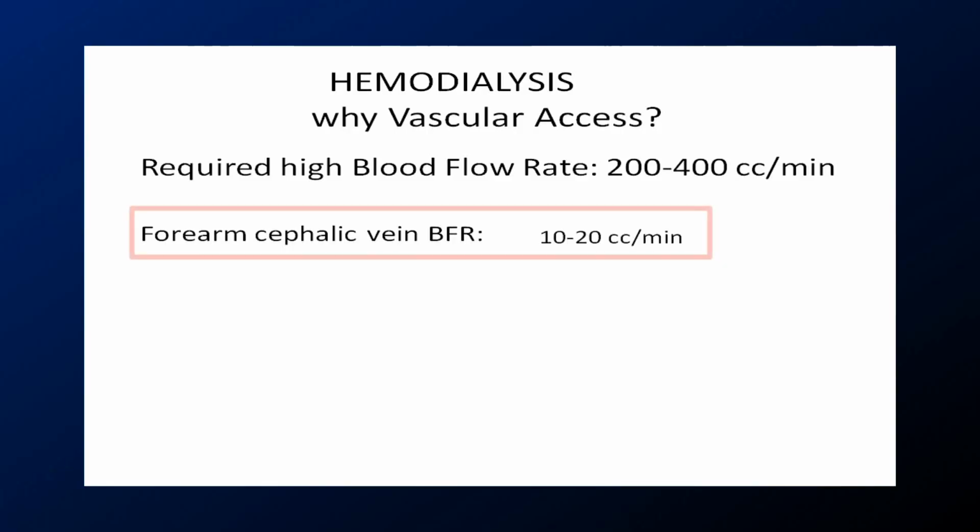Why vascular access? Very simply because we have to pump a lot of blood out of the patient to clean the patient for over 4 hours, 3 times a week. And the normal vein cannot provide that kind of flow, much less than what we need.